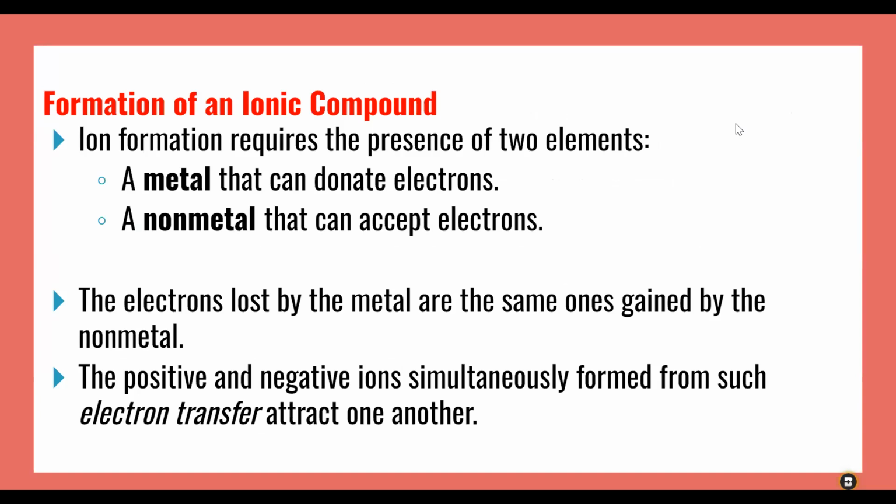Formation of ionic bond requires the presence of two elements. You have a metal that can donate electrons and a non-metal that can accept electrons. The electron lost by the metal is what is gained by the non-metal.